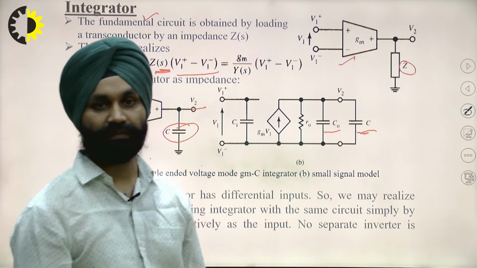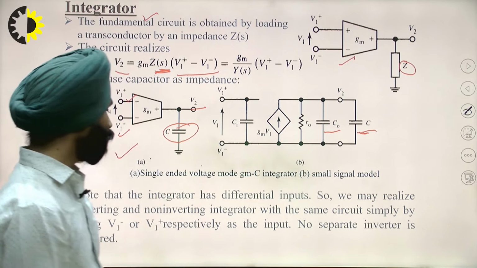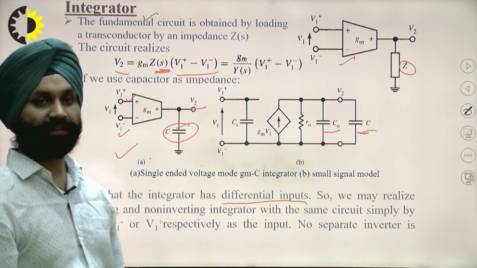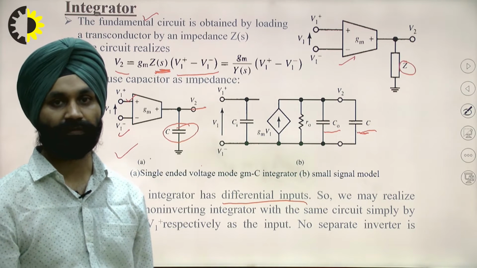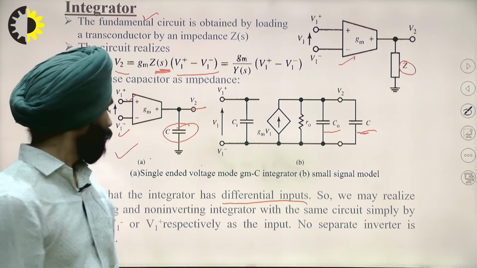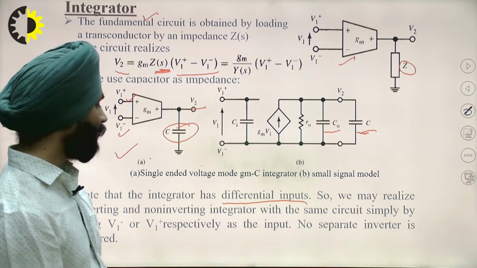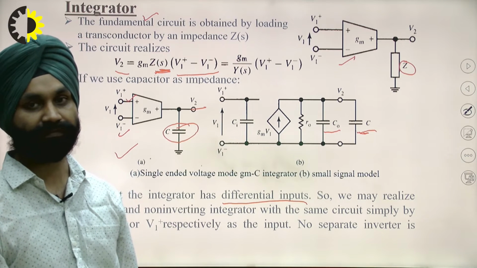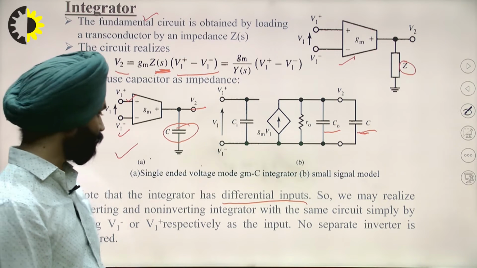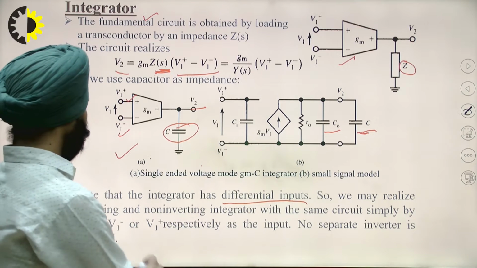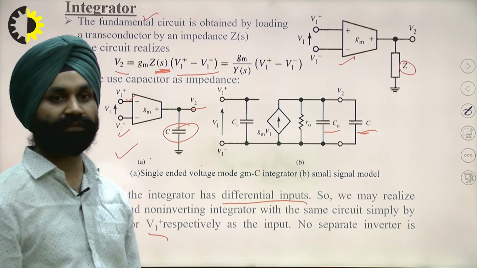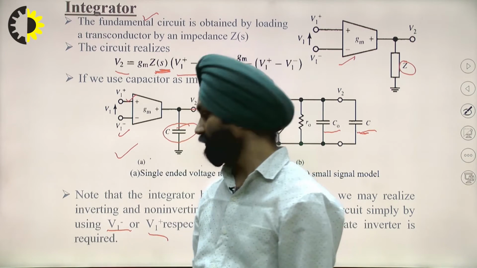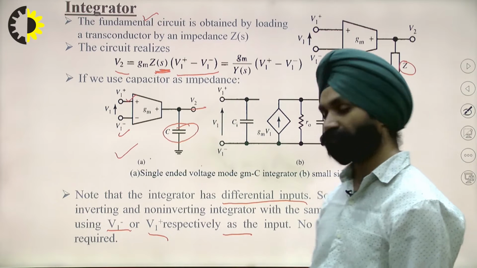Here it is to be noted that this integrator has a differential output, and so we can realize it in both the inverting and non-inverting cases. This can be done by simply reversing the voltages V minus and V plus at the input.